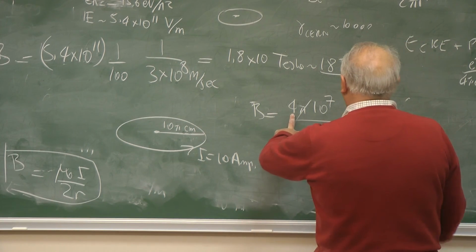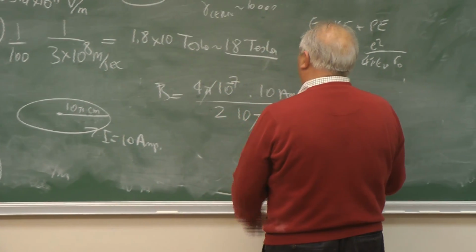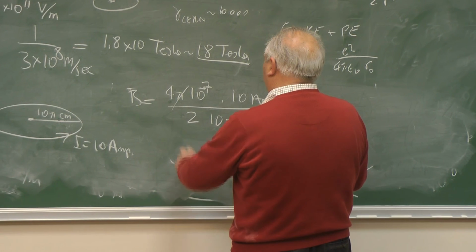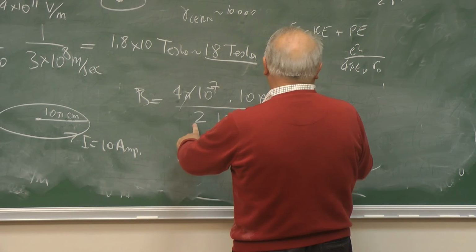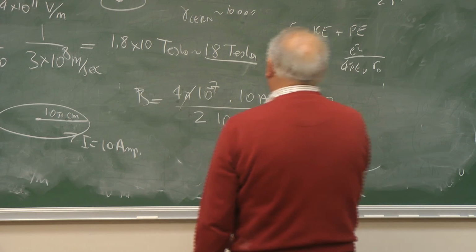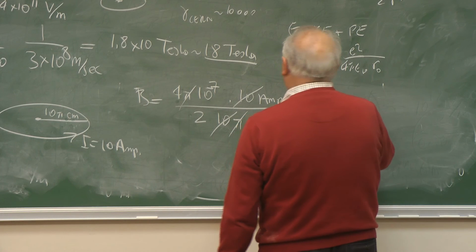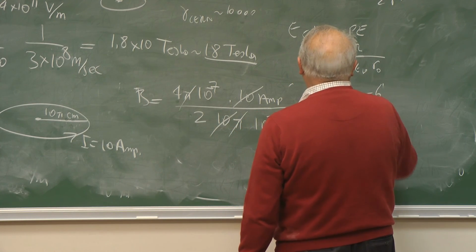This is 10 to the minus 7. 4 divided by 2, 10 times 10 to the minus 6.